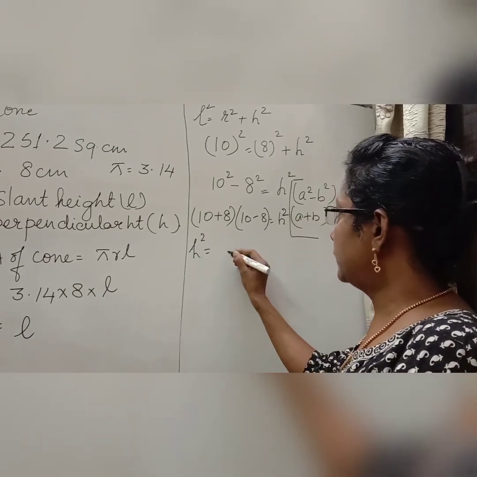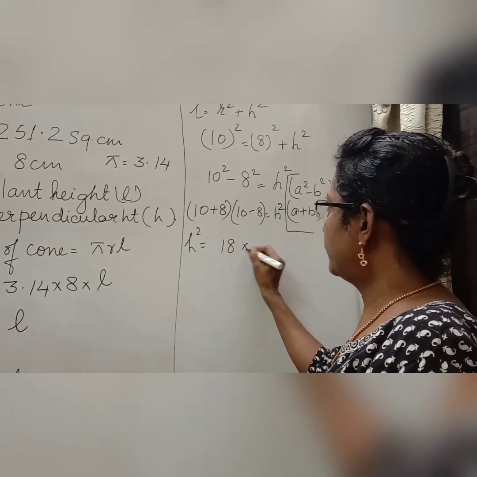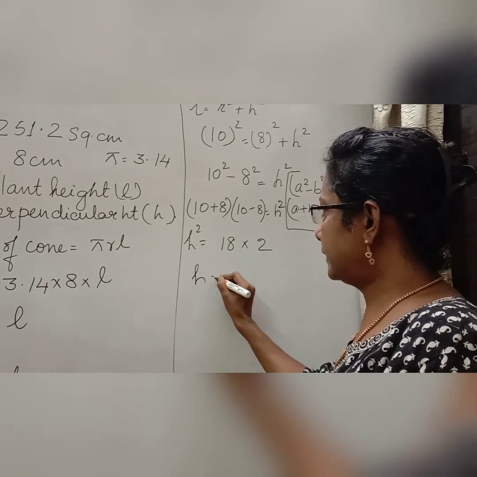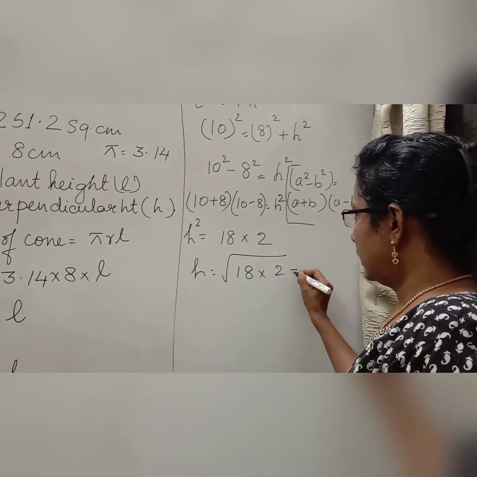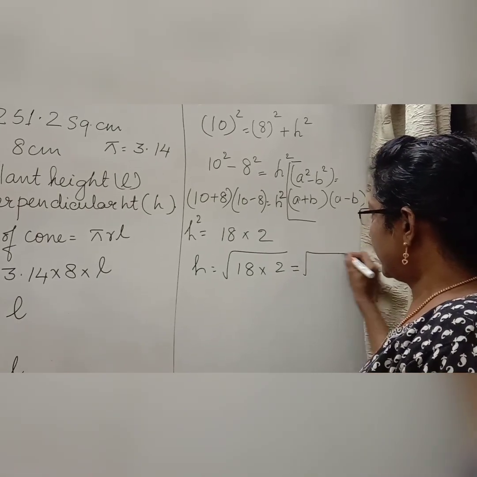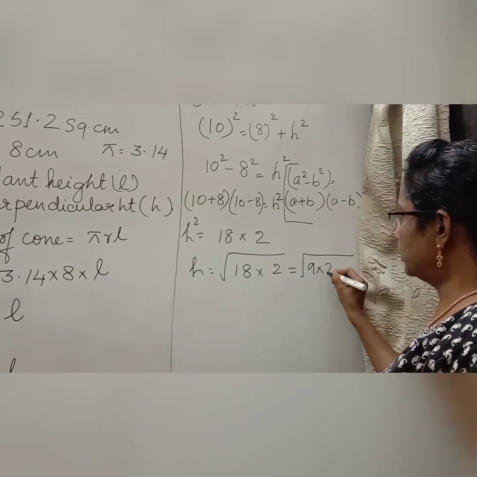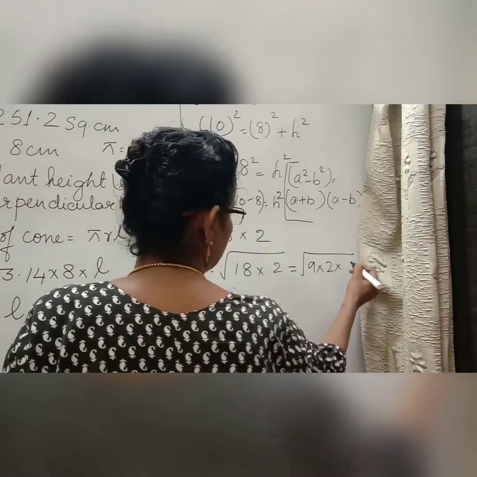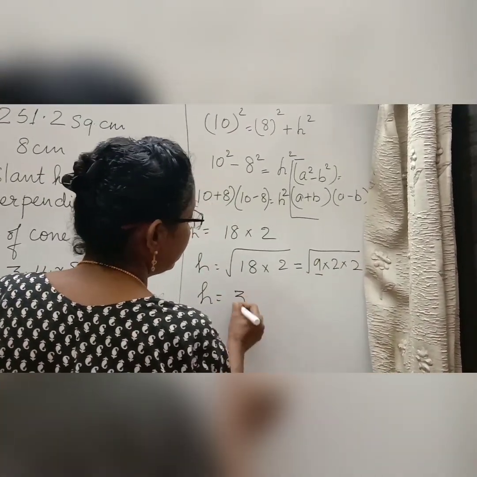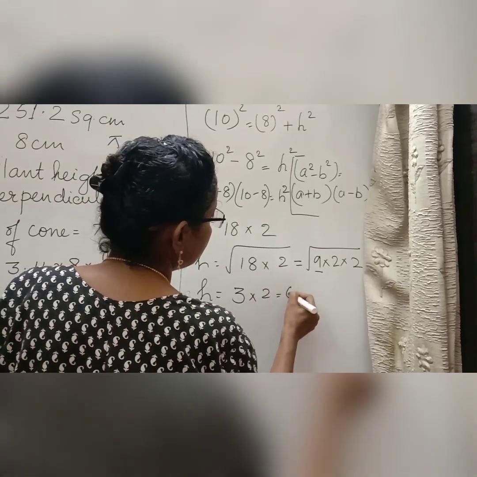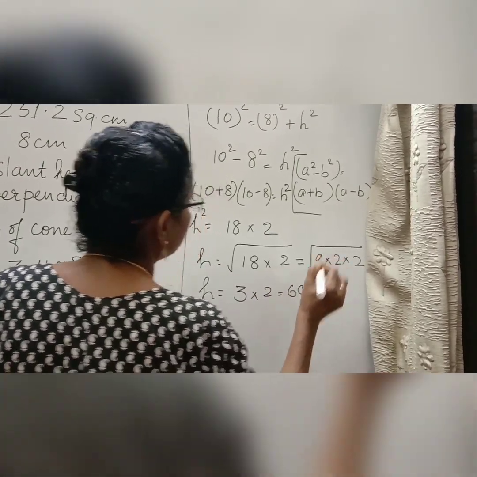H square is equal to 18 into 2. H is equal to under root 18 into 2. You can write it as 9 into 2 into 2. So H is equal to square root of 9 is 3 into 2, and that is equal to 6 centimeter.